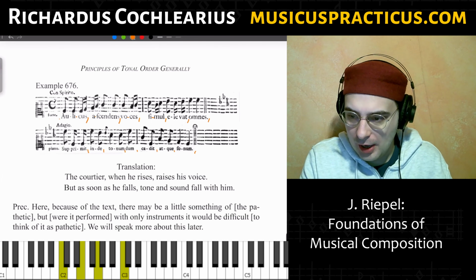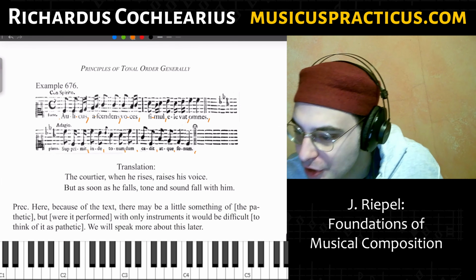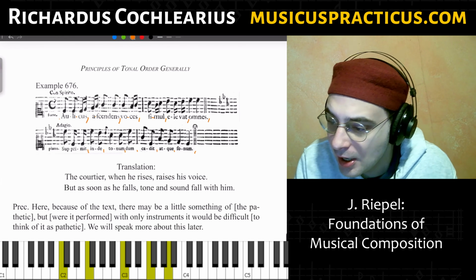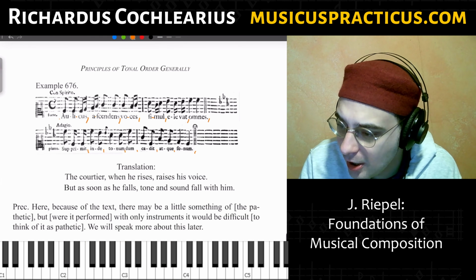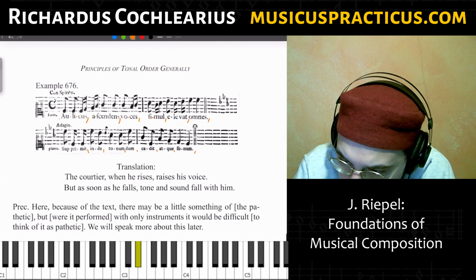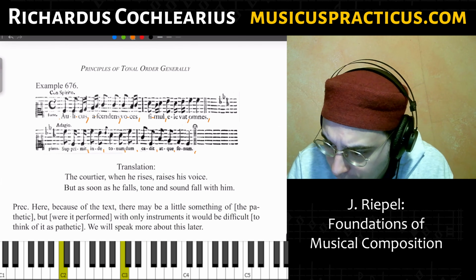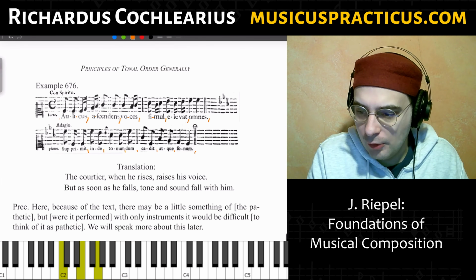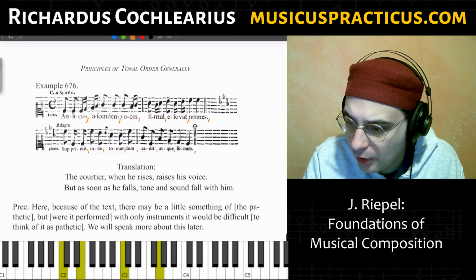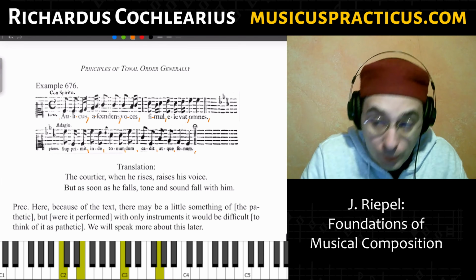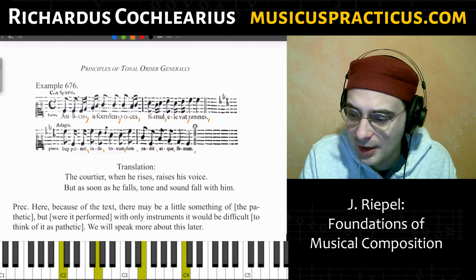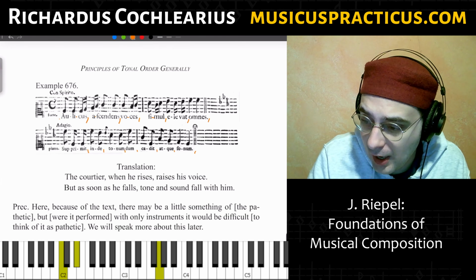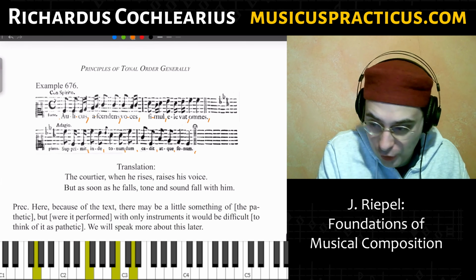Cum spiritus. Aulicus ascendens voces simul elevant omnes, supprimit in de tonum dum cadit atque sonum.